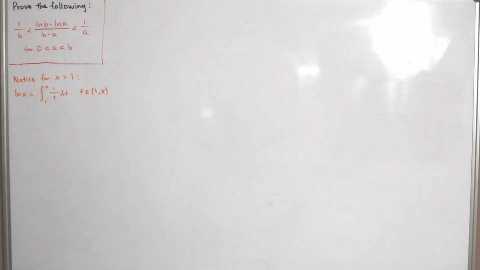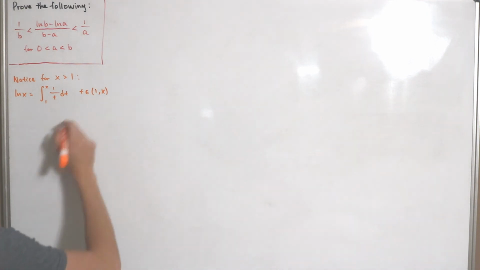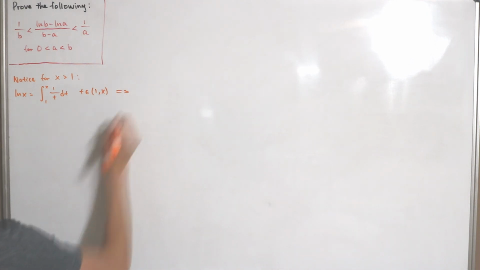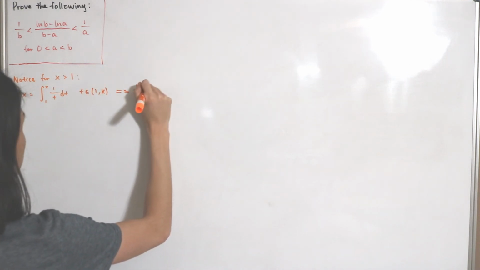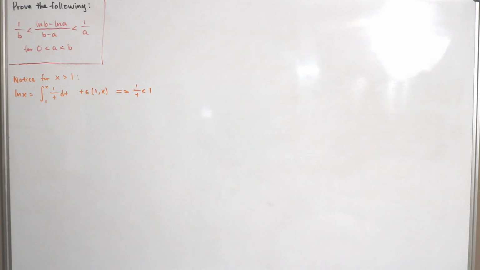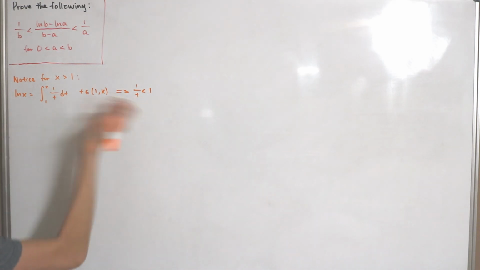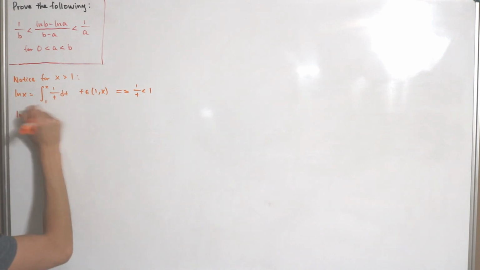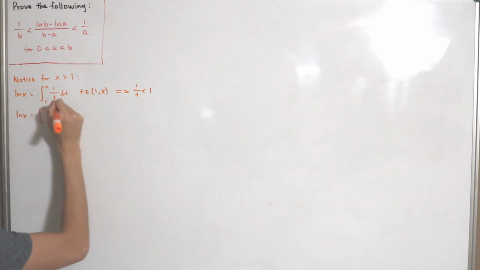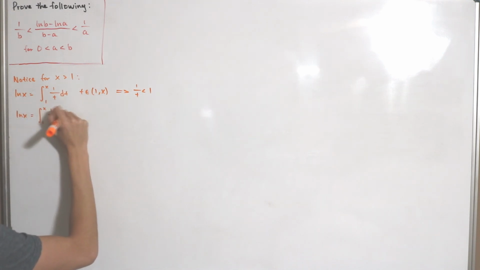From there, using these two conditions, we see that 1 over t is strictly less than 1. Now using this condition, we write the same thing as before: the natural log of x is equal to the integral from 1 to x of 1 over t dt.